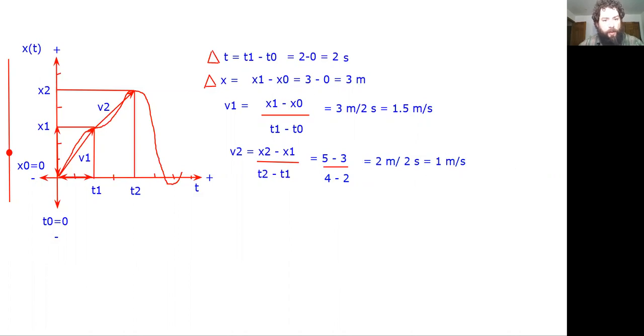Okay, so what we can see here is that V1 covers 3 meters in 2 seconds, and V2 from 1 to 2 covers 2 meters in 2 seconds. And so our velocity decreases from 1.5 meters per second to 1.2 meters per second.